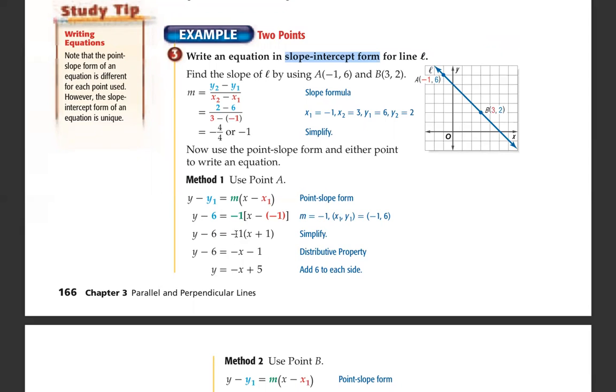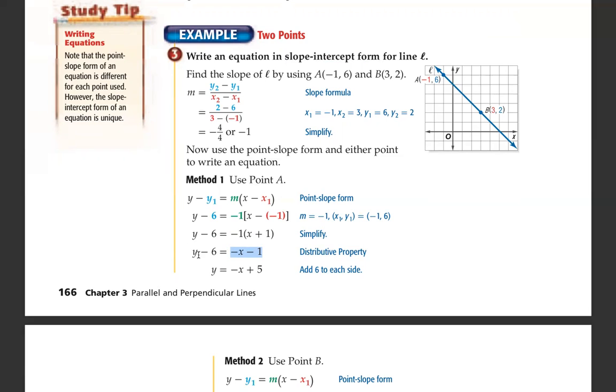So negative 1 times x is negative x. Negative 1 times positive 1 is negative 1. That's why on the right side it is now negative x minus 1. Nothing has changed on the left side.